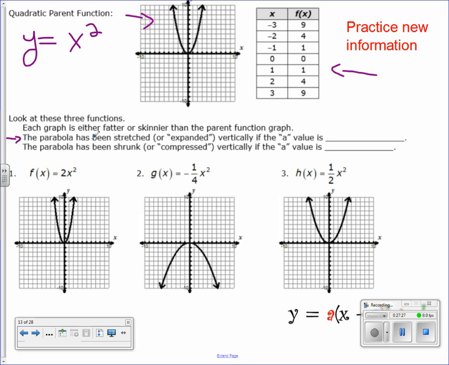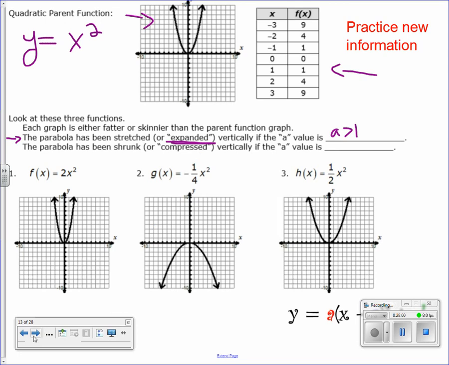If the parabola has been stretched or expanded vertically, what should the a value be? Write it down. If my parabola has been expanded or stretched and made skinnier, my a value should be greater than 1.